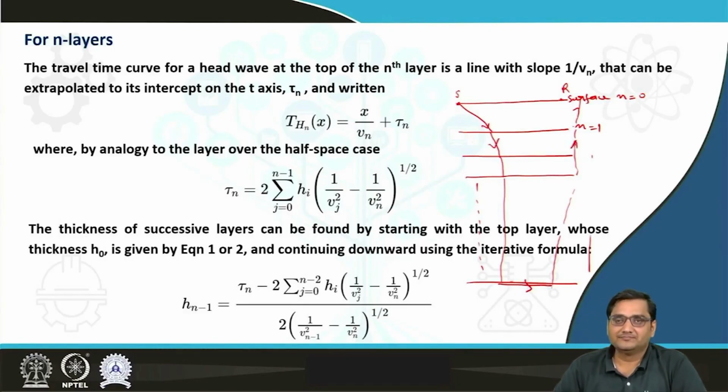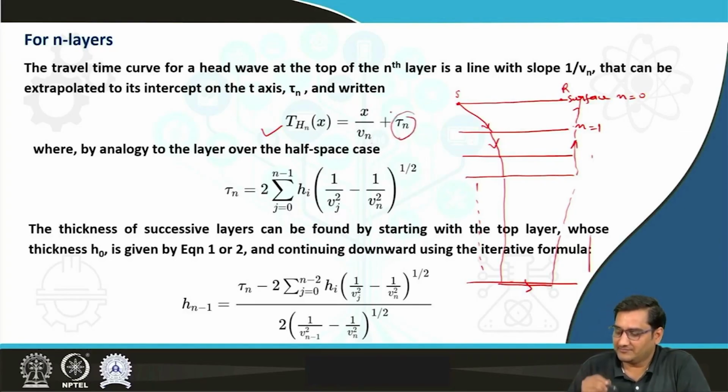So the total travel time for the head wave traveling across the boundary between the nth and (n minus 1)th layer will be represented by Thn, that will be x upon Vn plus tau n. This is the intercept time. If you want to calculate the intercept time for the nth layer, it can be calculated using this expression, which is analogous to the layer over half space case.